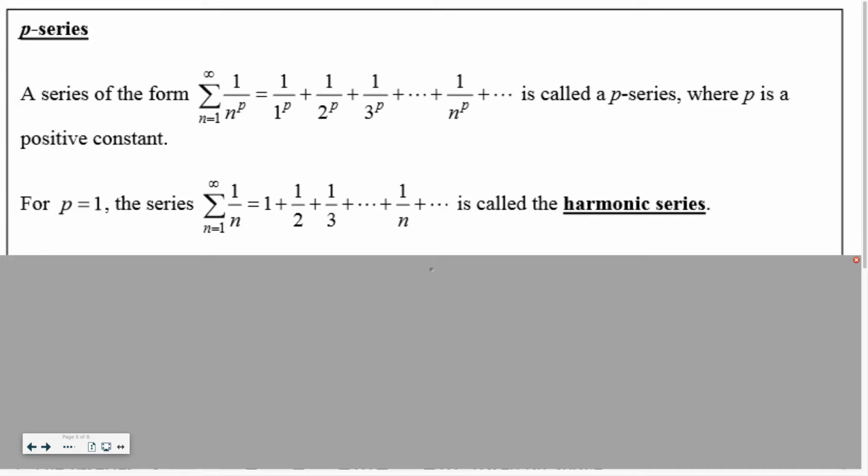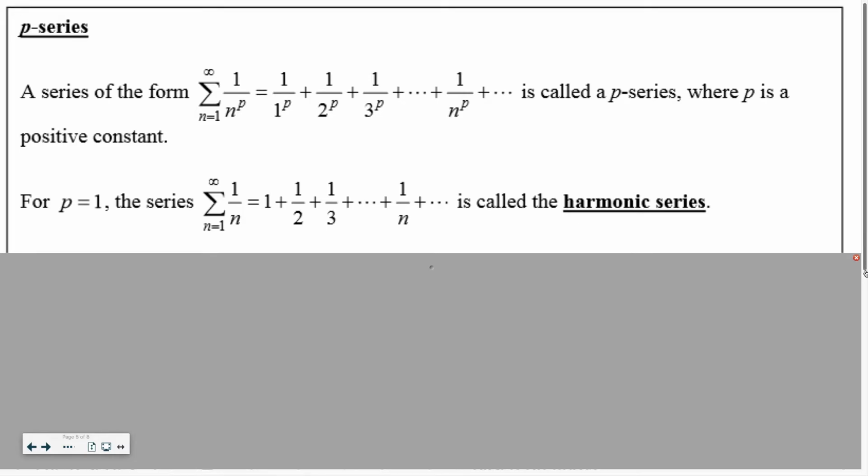You remembered that 1 over x cubed and 1 over x squared, those all converged. Do you remember our integral from 1 to infinity of 1 over x? It didn't converge, and that was kind of strange to us.